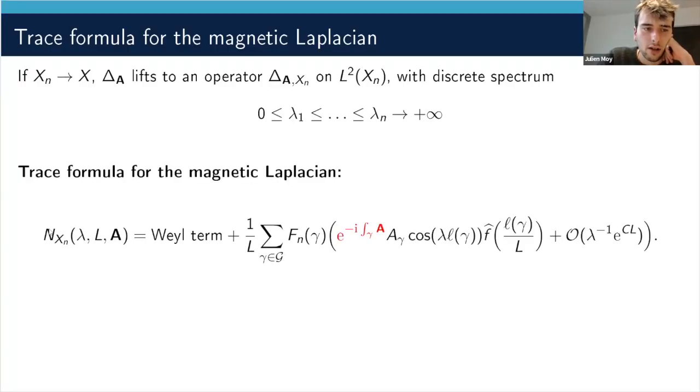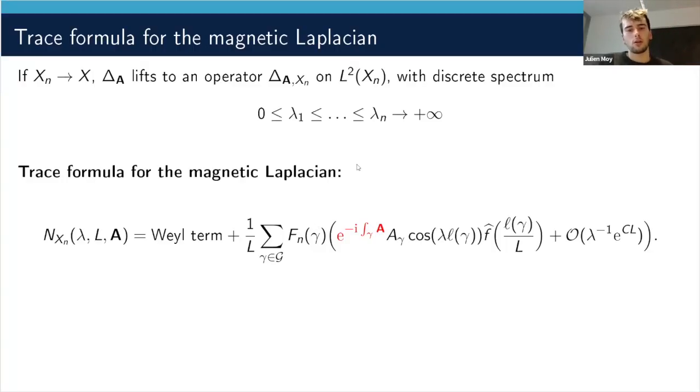So that I denoted N of X_n, it takes three parameters, lambda, L, and A, which is the magnetic potential. And there is a very similar trace formula in this context. We still have a Weyl term as before, and then this is exactly the same formula, but one has to add some phase to the formula.